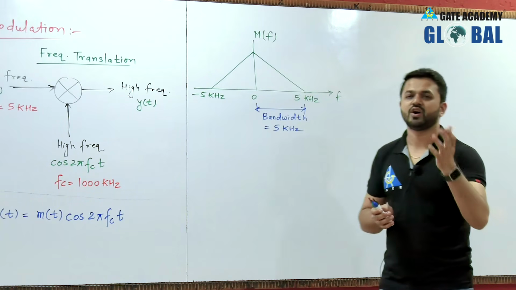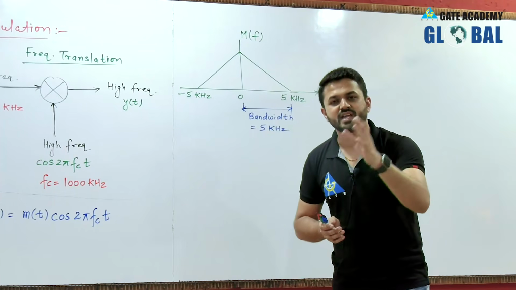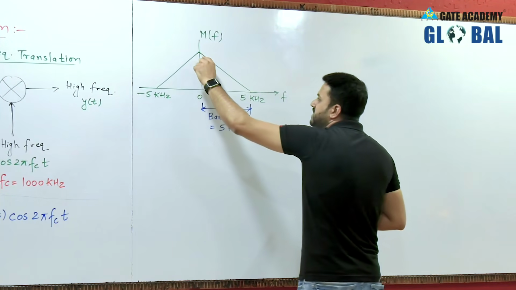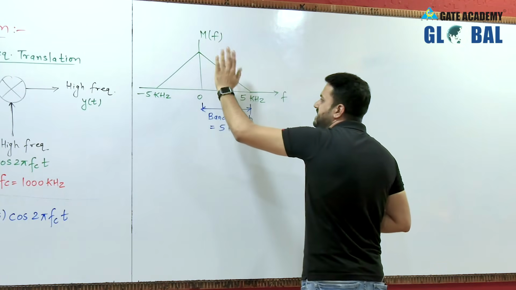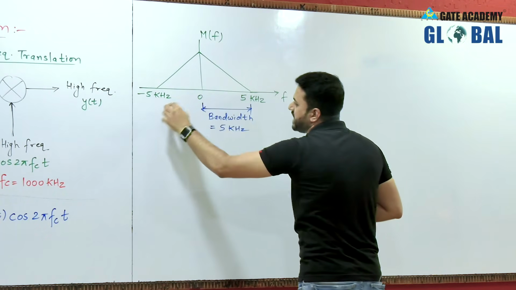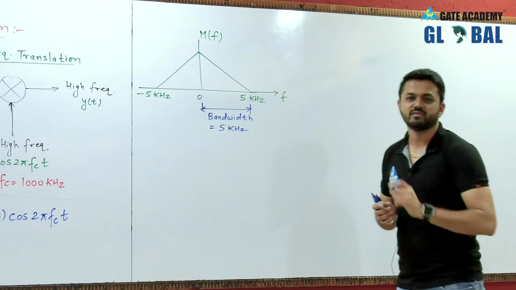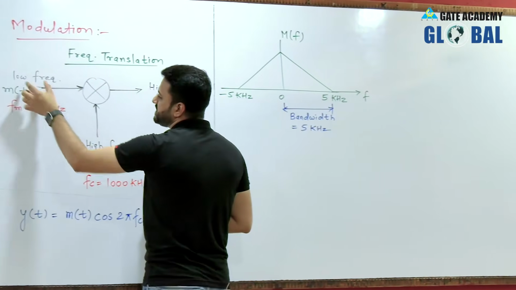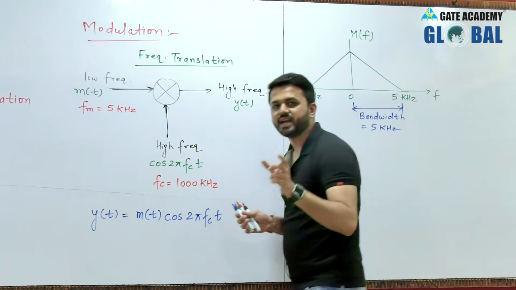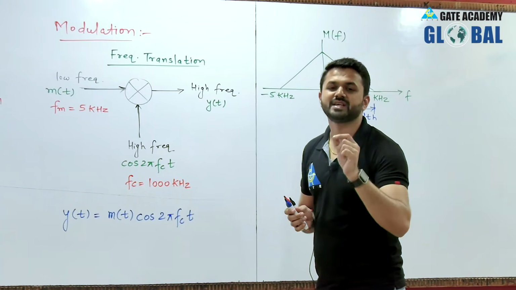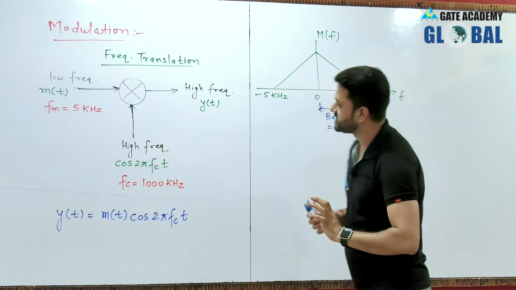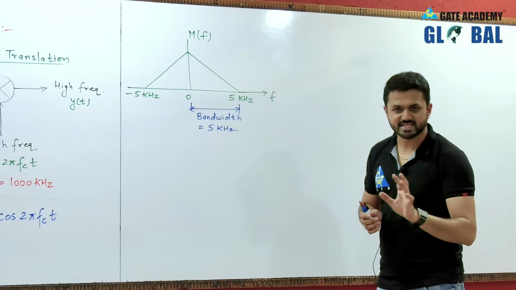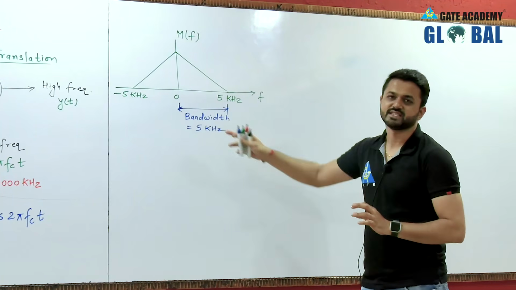Whatever you draw in the positive frequency, the mirror image will be present in the negative frequency, extended to minus 5 kilohertz. So this is our low frequency signal with bandwidth 5 kilohertz. If it is given like this, you can draw the figure this way.